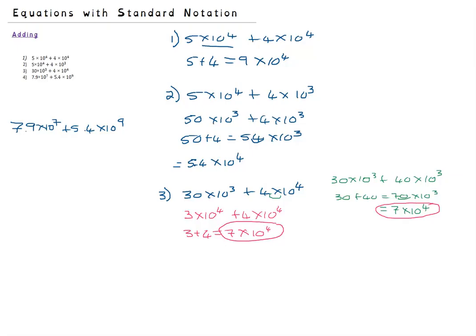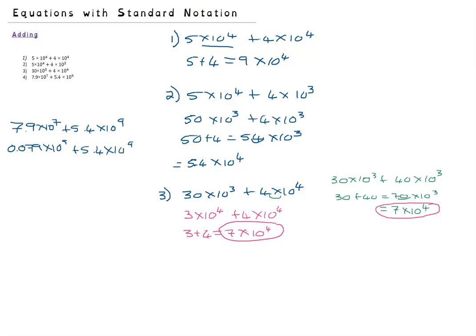So let's see, can we change this one? If we change this one, we need to move the decimal point 2 times more. Okay, so let's write that. That would be 0.079 times 10 to the power of 9 plus 5.4 times 10 to the power of 9.